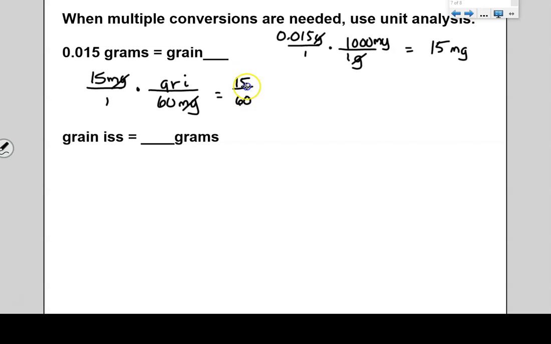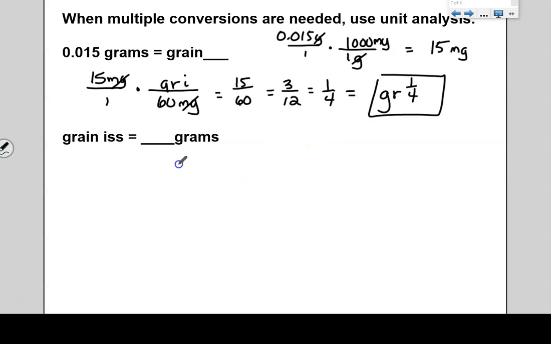Now, this is a little bit bigger number, so you might start by dividing both by 5. If I divide them both by 5, that's going to give me 3 over 12. And now both of these are divisible by 3, so that would reduce to 1 over 4. So when I write my answer, I need to have 1/4 grain, and 1/4 grain written properly would be grain with a 1/4 followed afterwards.